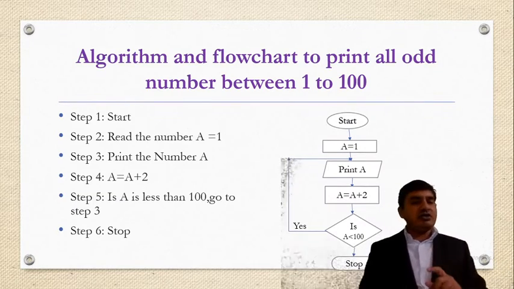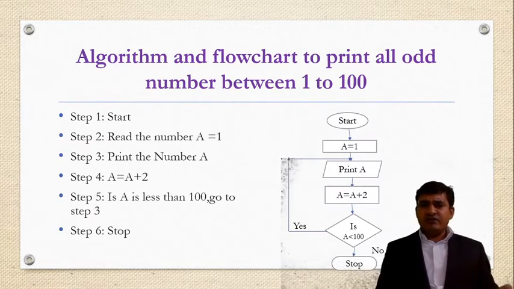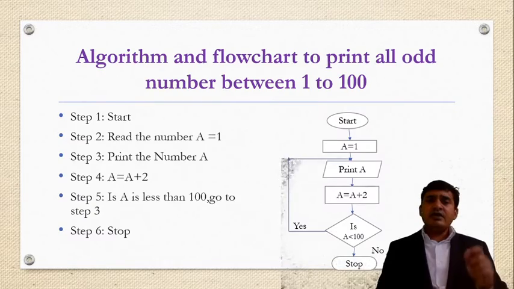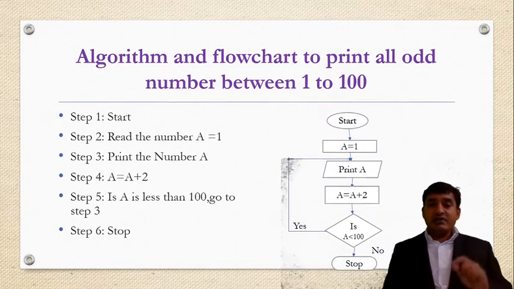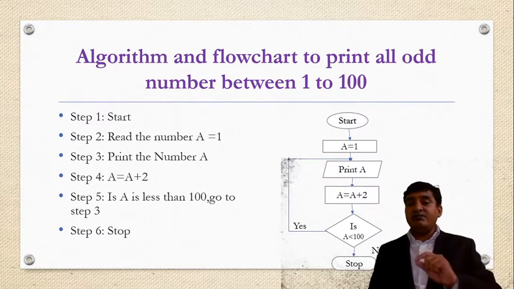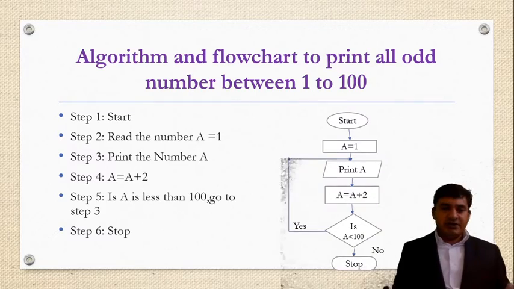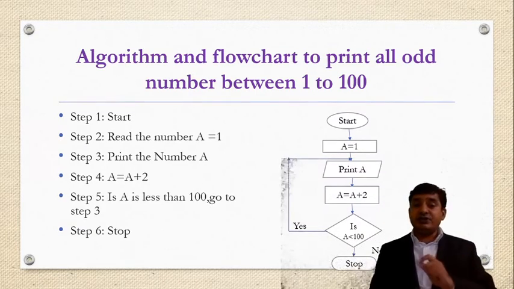We know that odd numbers are 1, then 3, 5, 7. These are the odd numbers. So the first odd number is a is equal to 1. Print number a, that is the first odd number. Now a is incremented by 2, so a is equal to a plus 2.